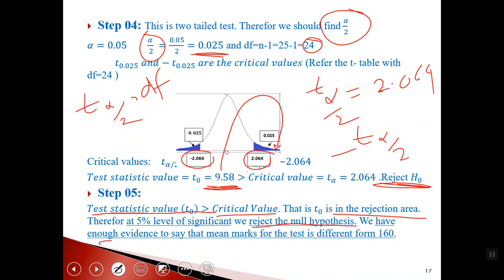We have enough evidence to say that the mean marks for the test is different from 160. This part again is your claim.